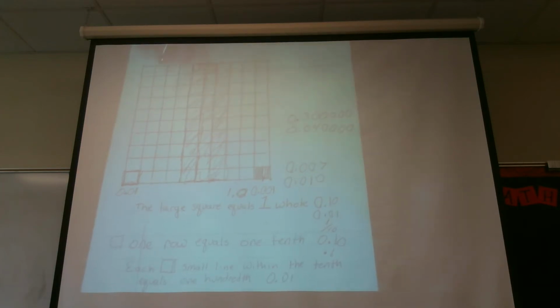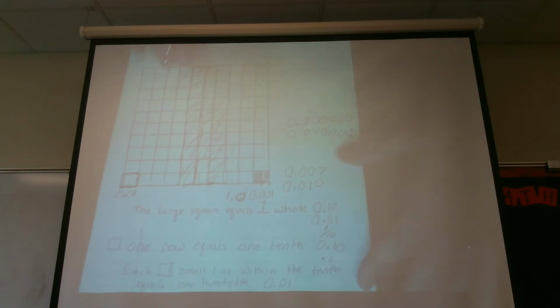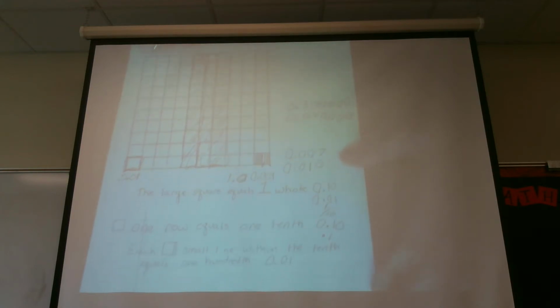So I want you to make sure on your paper, if it's not already written, that the whole square here equals 1 whole. And that is written with a 1 in front of a decimal point. So if you had 2 of these whole squares, it'd be 2.